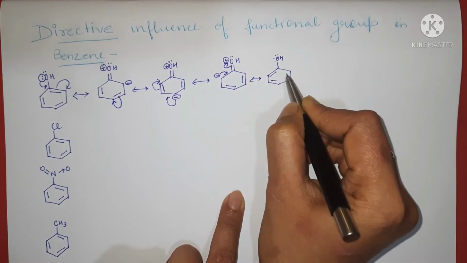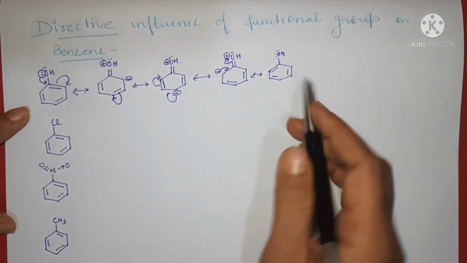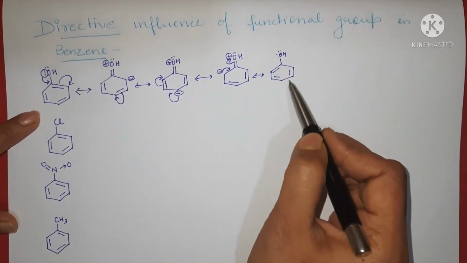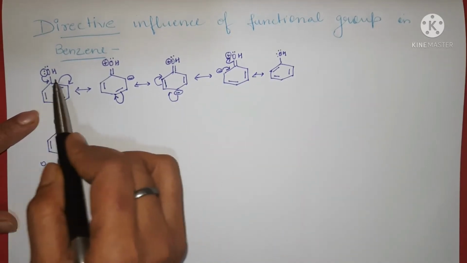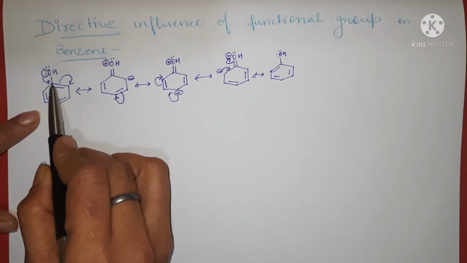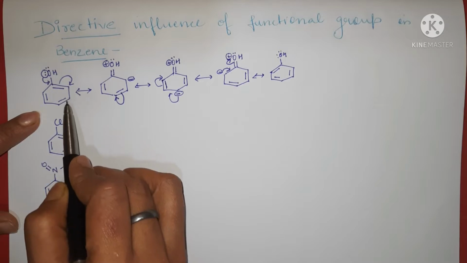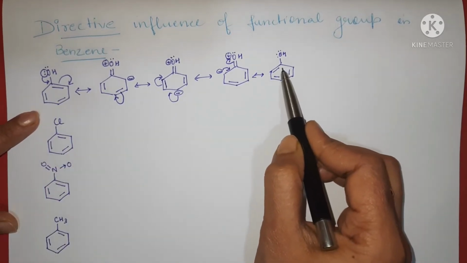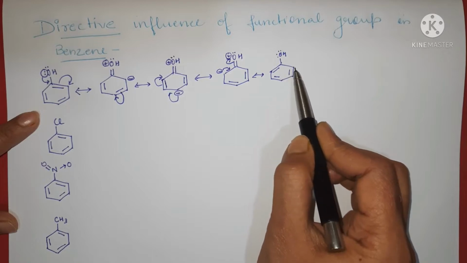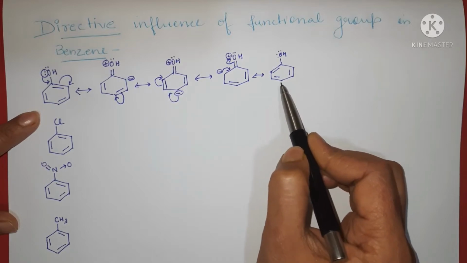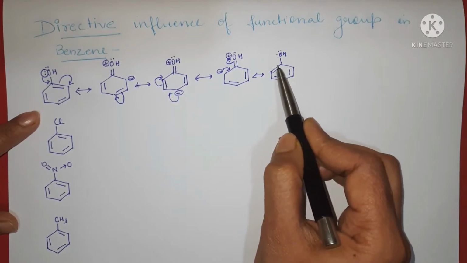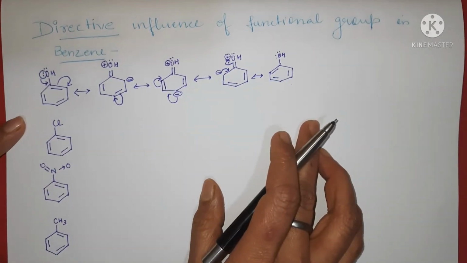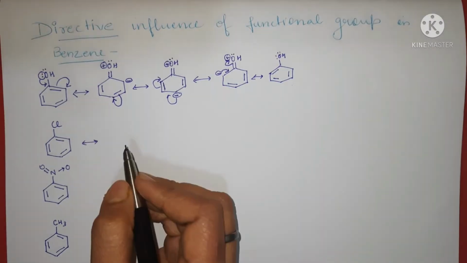Here we get the same structure, but there is a change in the position of the double bonds. You can see here the double bonds lie between carbons 1, 2, 3 and 4, 5 and 6, but here the double bonds lie between carbons 2, 3, 4, 5, 6 and 1. So these two are resonating structures of each other.